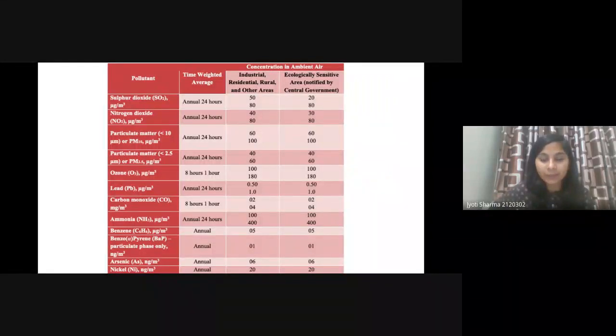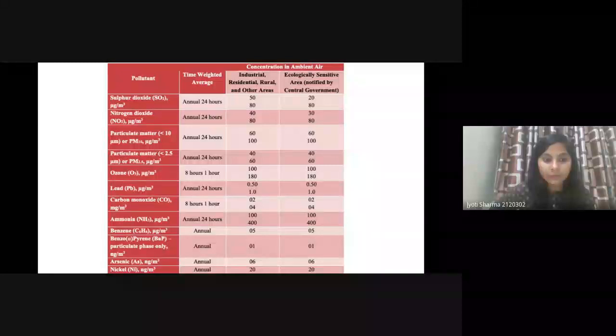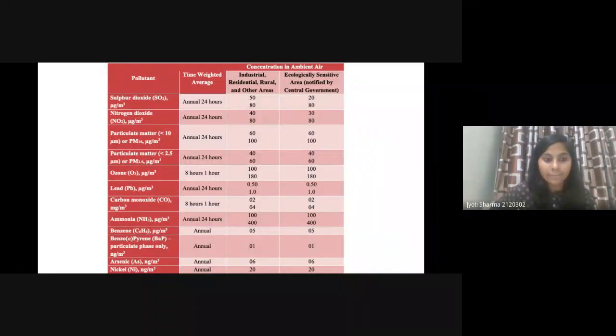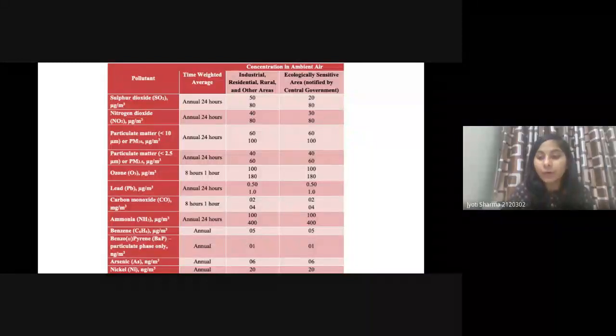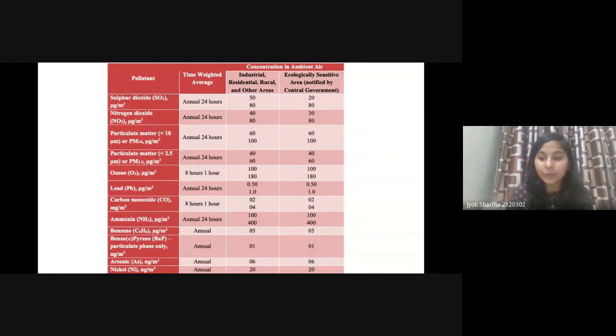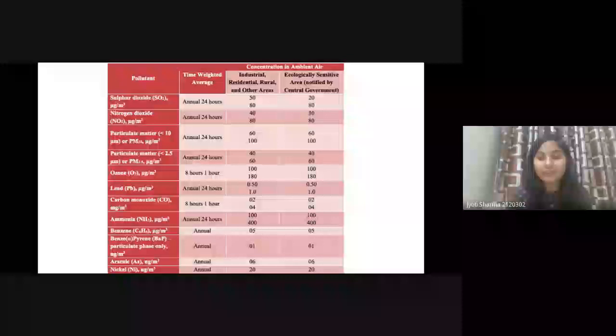Can you people tell me how many criteria pollutants we have? Yes, Alka. We have 12 pollutants, for which we have given the values.